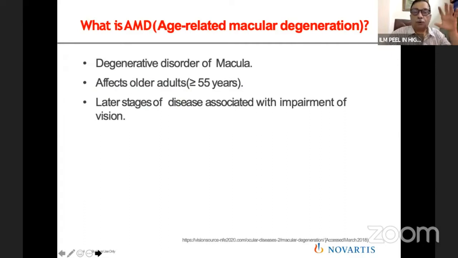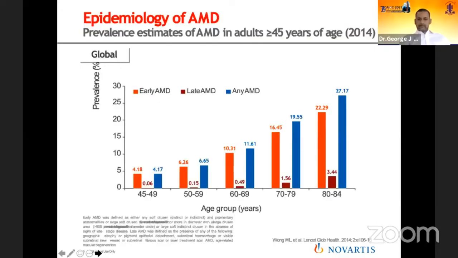Now, we all know that ARMD or AMD is a degenerative disorder of the macula, affecting older adults more than 55 years of age, and the vision impairment occurs in the later stages of the disease. If you look at this epidemiology, what is very evident is that most of the patients with late AMD, including the ones with CNVM and geographic atrophy, start off in the age group at 50, increase steadily from 50 to 60, and then by the time they reach 70 or 80, the incidence goes up significantly higher.